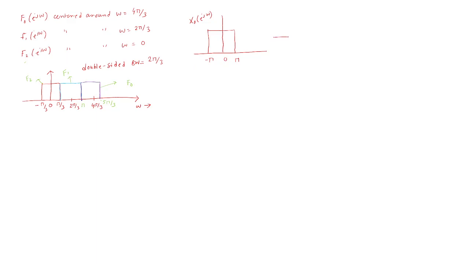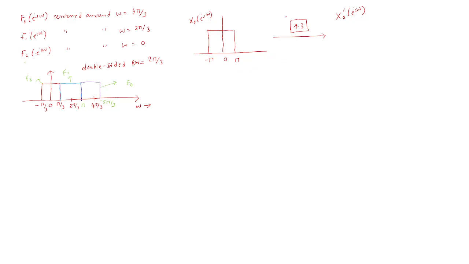Now when you pass this through an upsampler block of upsampling factor 3, you obtain x naught dash of n, whose corresponding frequency spectrum is denoted as X naught dash of e to the power j omega. So what do you obtain in the output? The frequency spectrum of x naught dash of n.